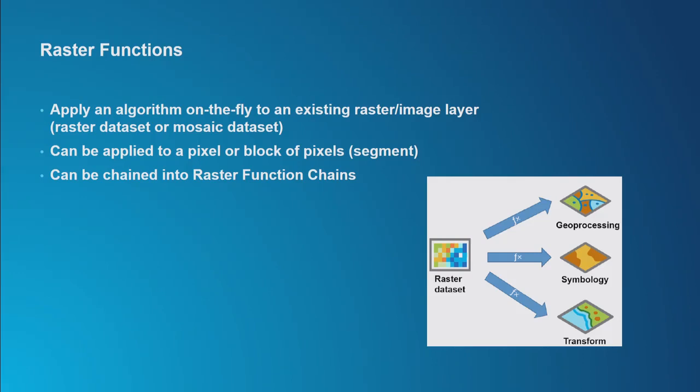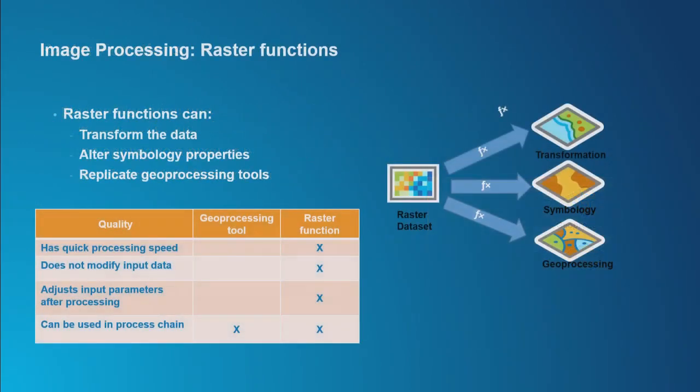So raster functions come to the rescue here. They apply an algorithm on the fly to the imagery and just create a new layer in the table of contents. So we're not duplicating the imagery anymore, and they can do a lot. You will see they can actually transform the data in a similar way as geoprocessing tools.